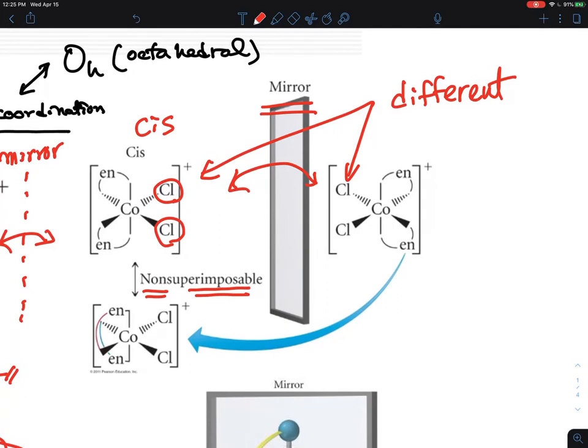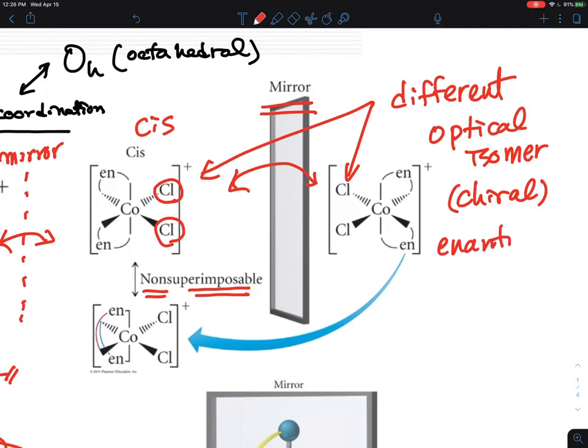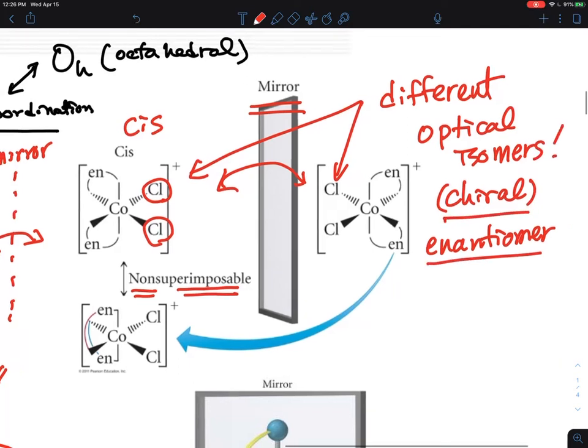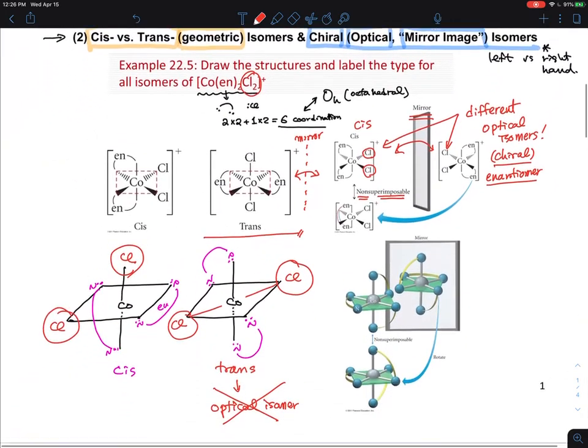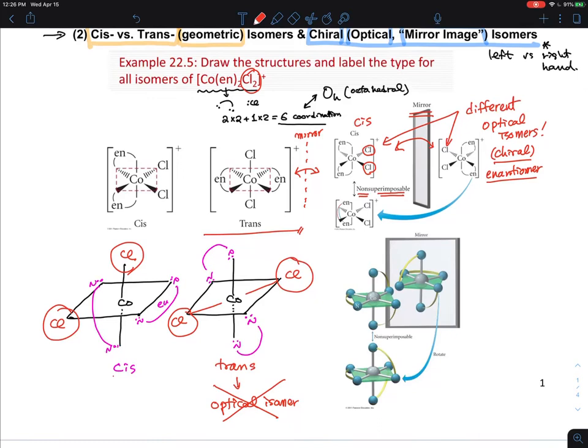And so therefore we call this an optical isomer, and sometimes people call it a chiral isomer, enantiomer, and so they are the isomers. So these are the chiral enantiomer pairs, and it's the same thing. Okay, so in a nutshell, an optical isomer is possible.